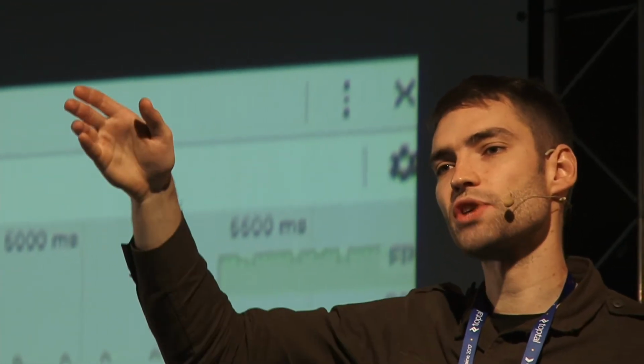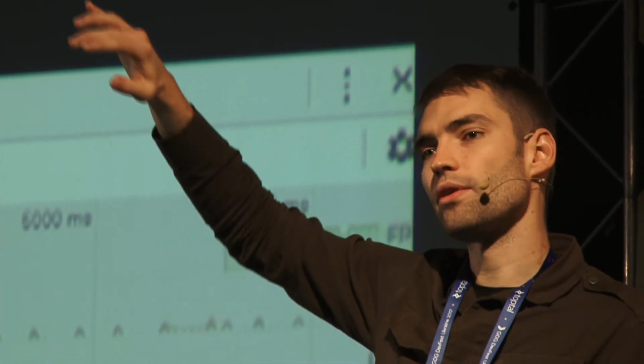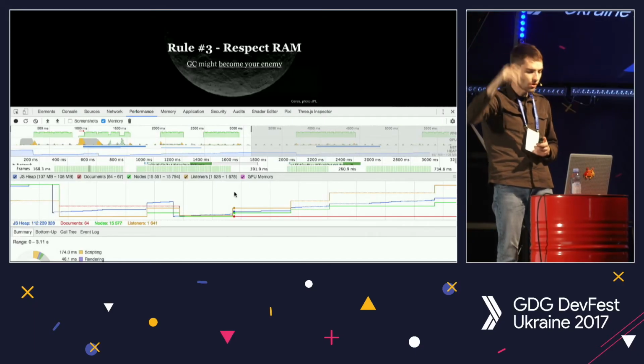This drop is a garbage collection, and then after it, memory grows more and is not cleaned completely. This is the so-called sawtooth pattern.